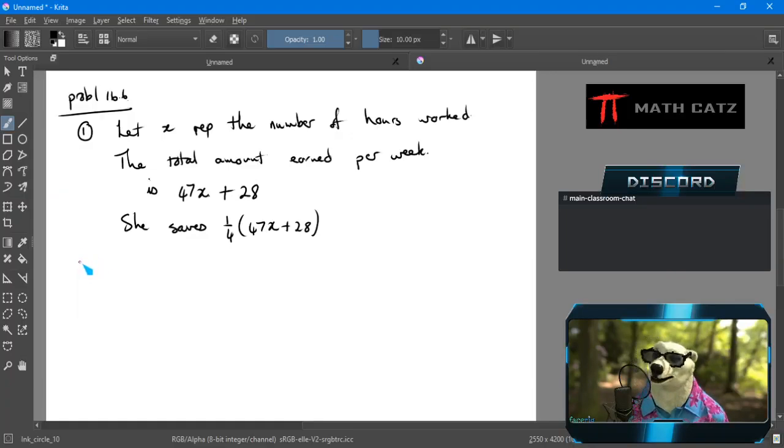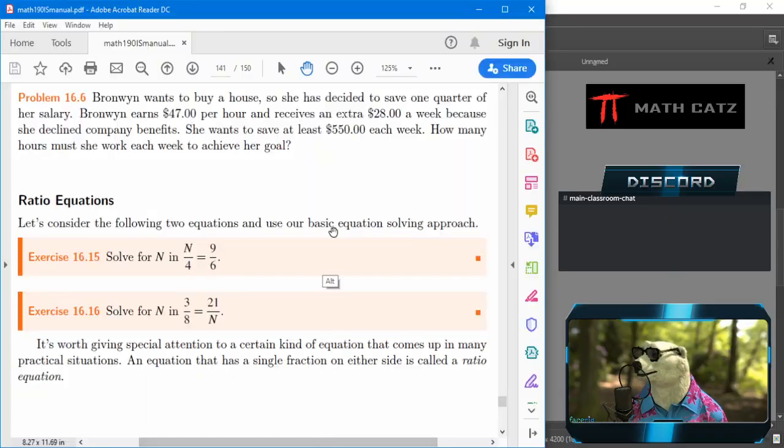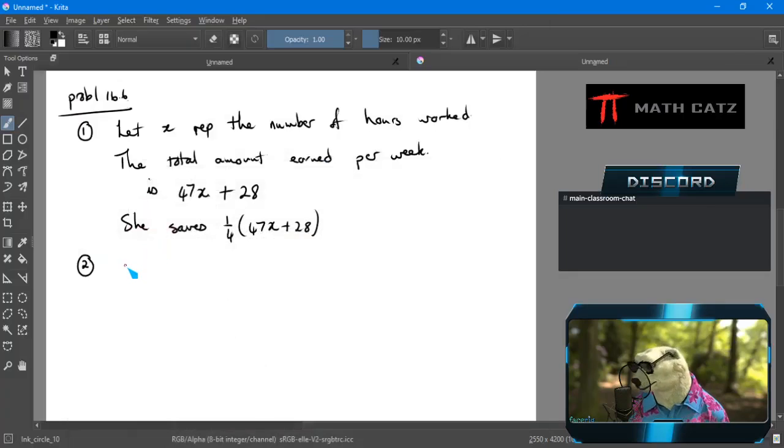And perhaps now I'm ready for my equation, because they then say she also wants to save 550. So my full translation, the mathematical sentence, is: the amount she saves, represented in detailed form by that, should be the same as 550.